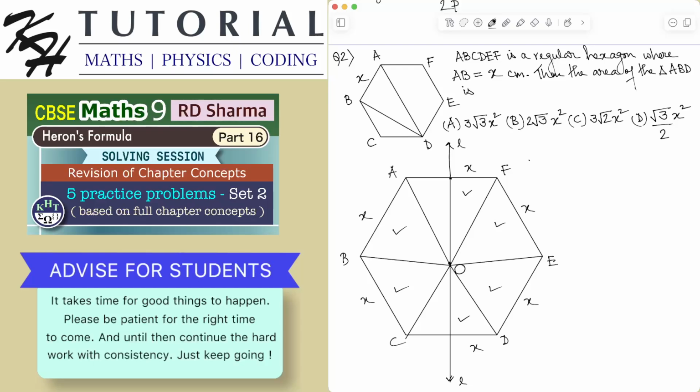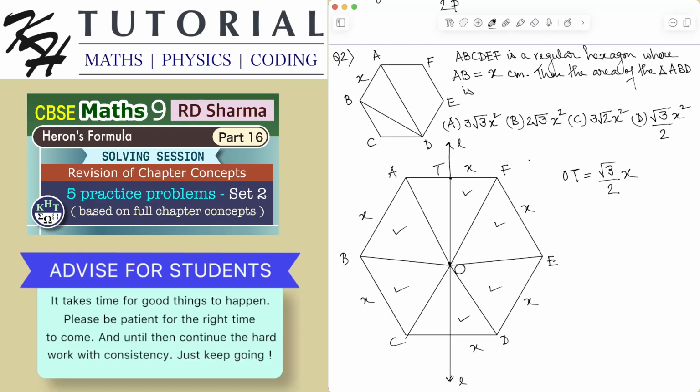Now let's say the perpendicular bisector of the side AF intersects the side AF at the point T. So OT is the altitude of the equilateral triangle AOF, and all these equilateral triangles have a side length of x. So the length of OT, from the formula of the altitude of an equilateral triangle, is square root of 3 divided by 2 times x.